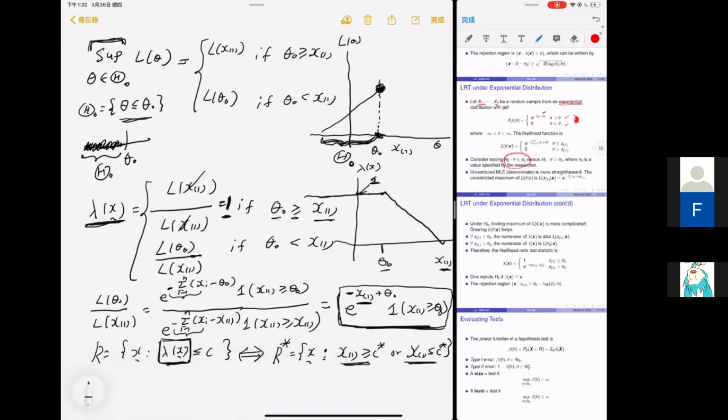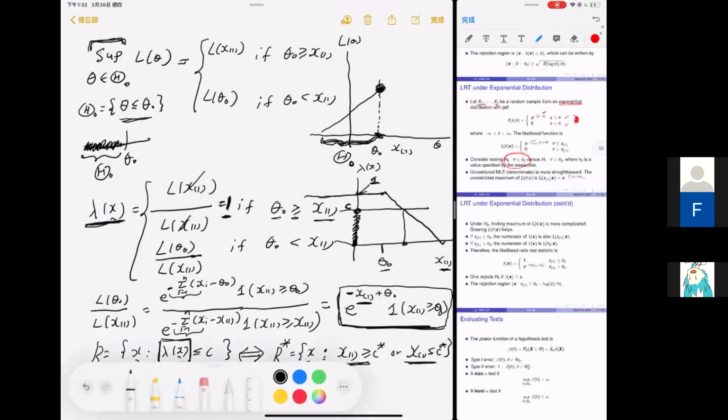You tell me, I want to find lambda x smaller than c. Then which one is my equivalent region? That means this guy right here is my equivalent.